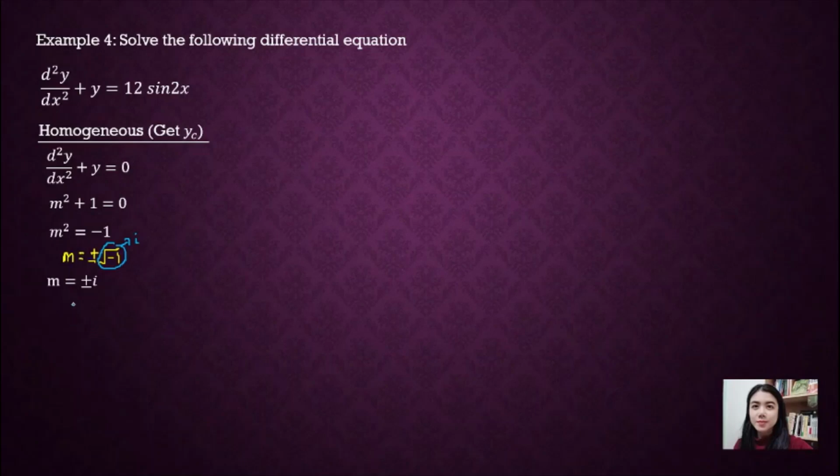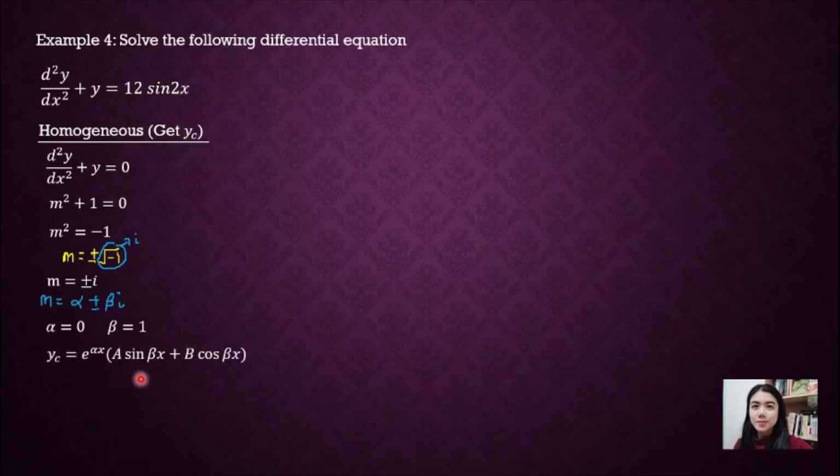Then you compare your m with the general form of the complex conjugate, m equal to alpha plus minus beta i. Your alpha here is 0, and your beta is the one next to i, so your beta is 1.